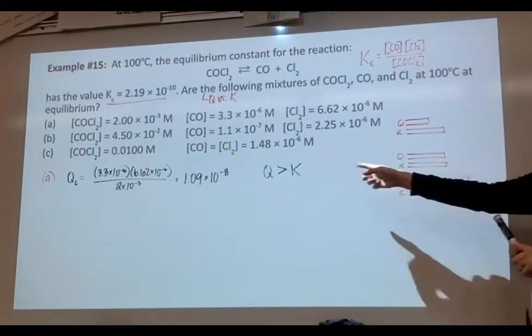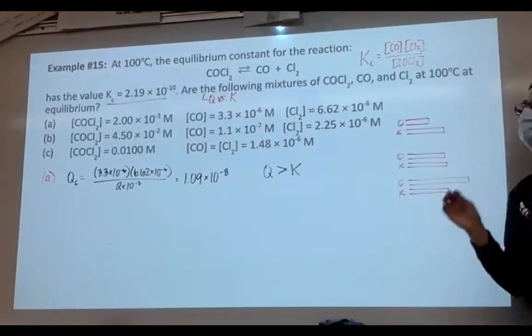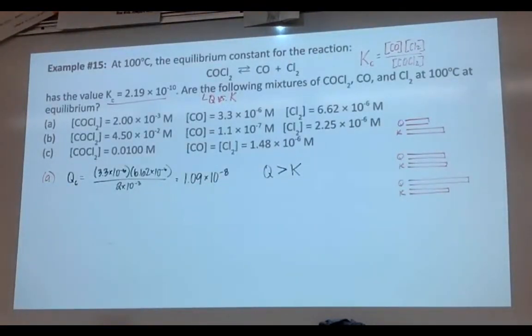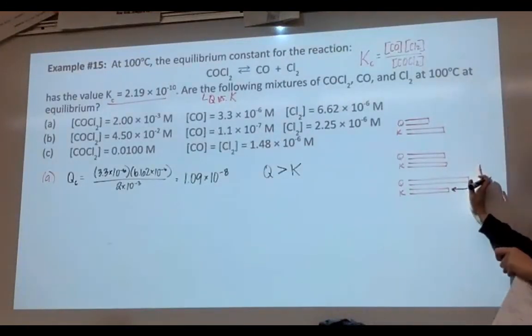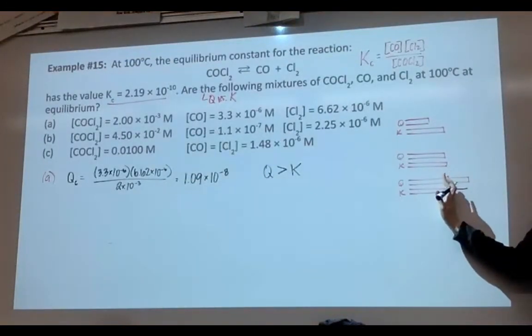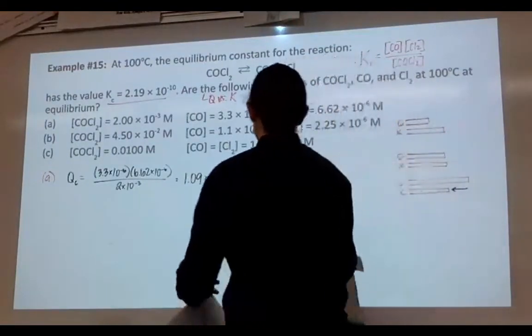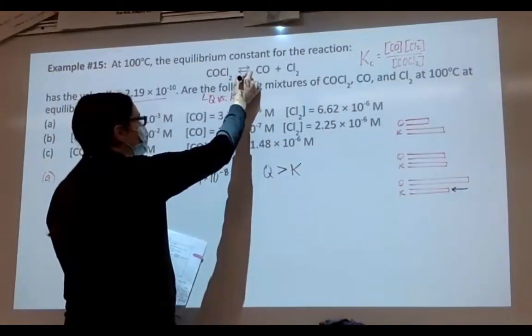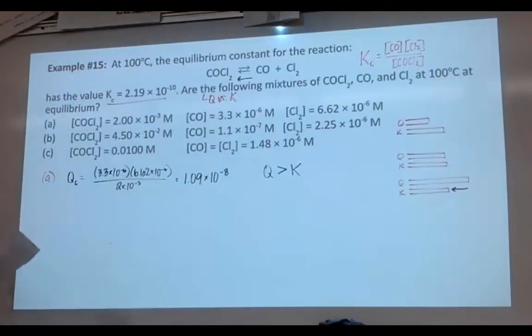Well, here Q is greater than K, so we're looking at this scenario. Q is too big. K cannot change. Q has to change. So when Q is greater than K, Q needs to decrease. This arrow helps me to say which way the reaction has to proceed. Well, if the arrow is pointing this way, products are going to create more reactants.